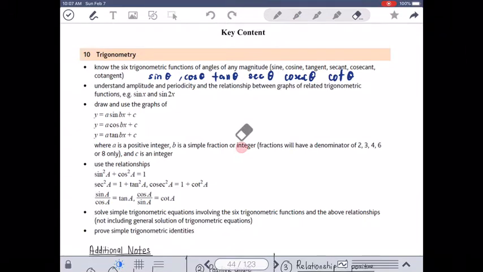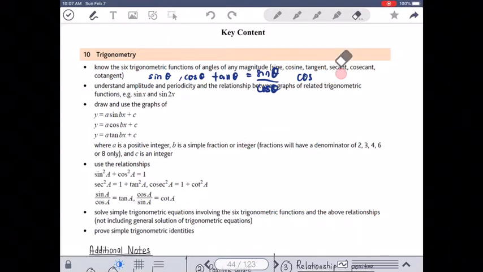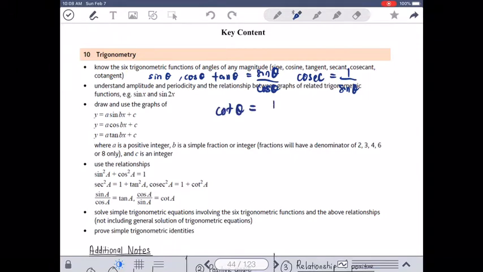We know that tan theta is just equal to sine theta over cos theta, and cosec theta is just equal to 1 over sine theta, and then cot theta is equal to 1 over tan theta, such that it is just equal to cos theta over sine theta.